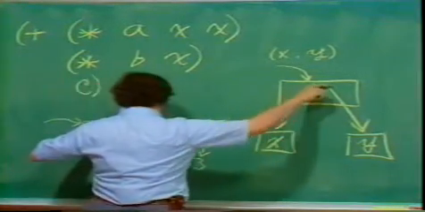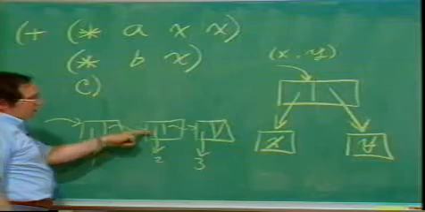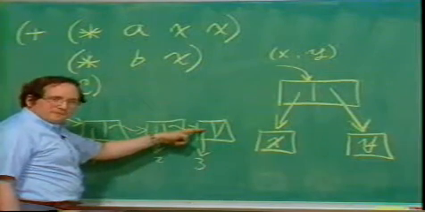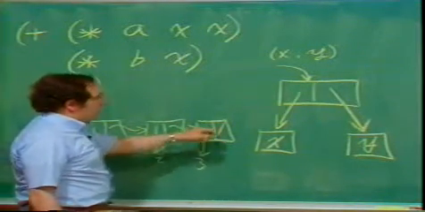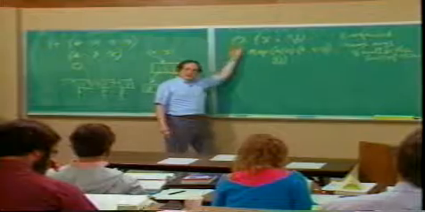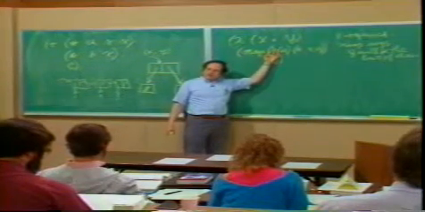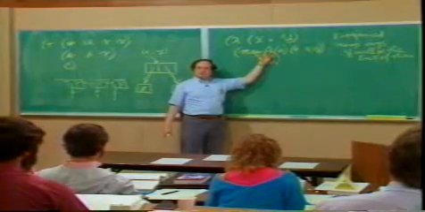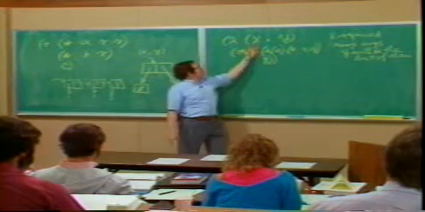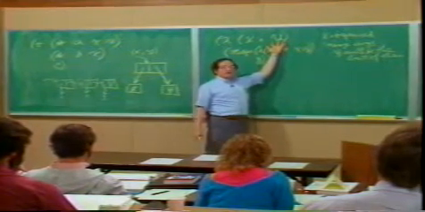Huh. The y matches the list, which is 2 and 3. So the notation that I'm choosing here is one that's very natural for the Lisp system, but I'm going to choose this as a notation for representing a bunch of arguments.